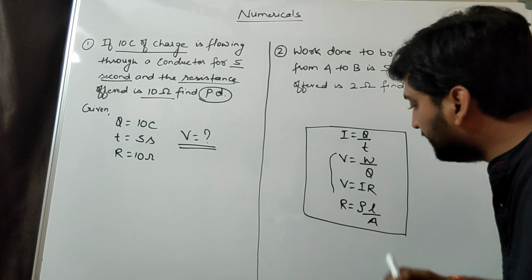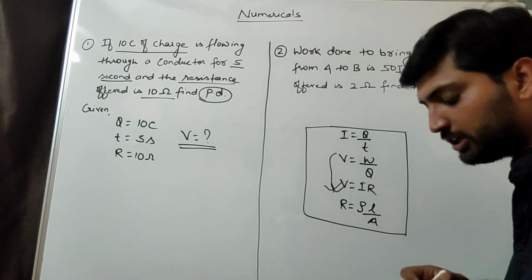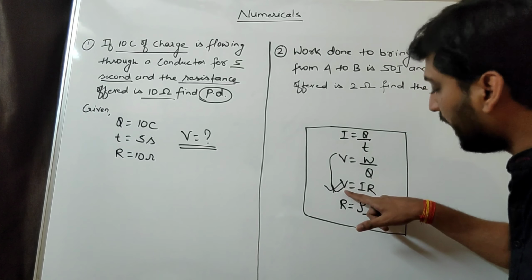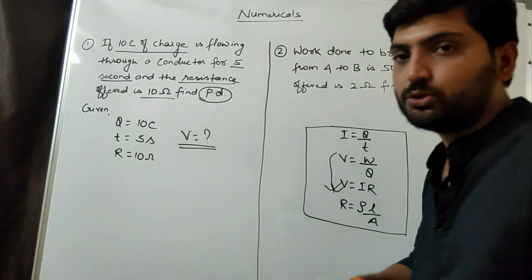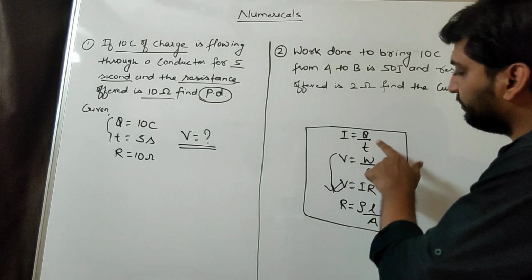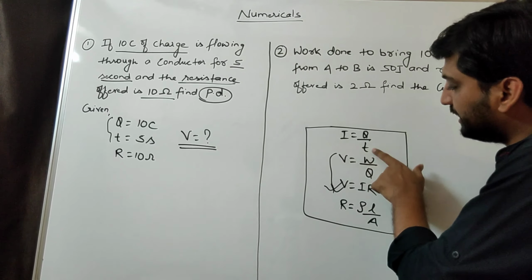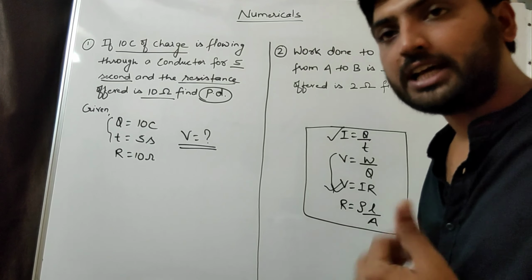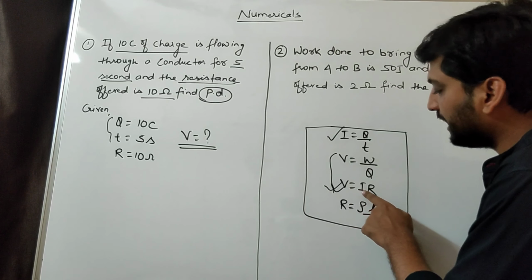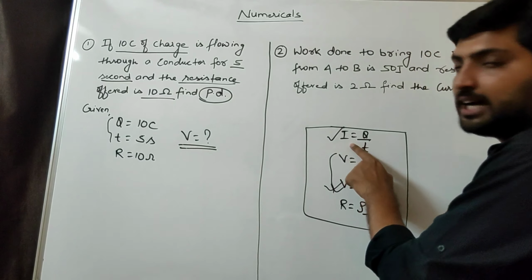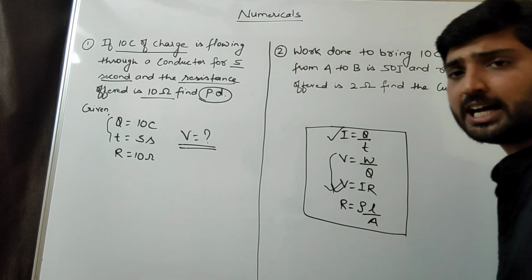Resistance means we have to use this formula, because resistance is given, V is unknown, and the other 2 given quantities are Q and T. Now see this formula. If we know Q and T, then we can find I. If we find I, then V is I into R. R is given. From these 2 quantities we will find I. So what will be the I?